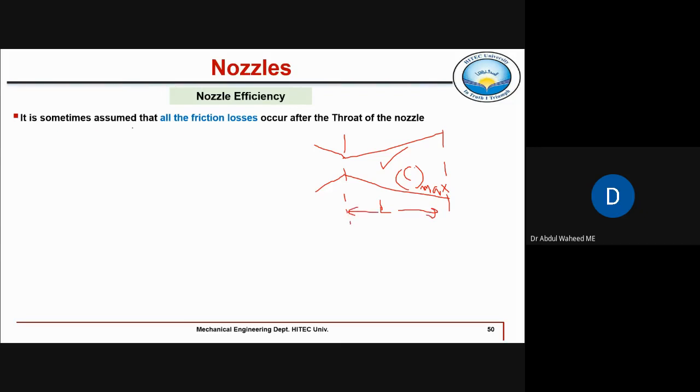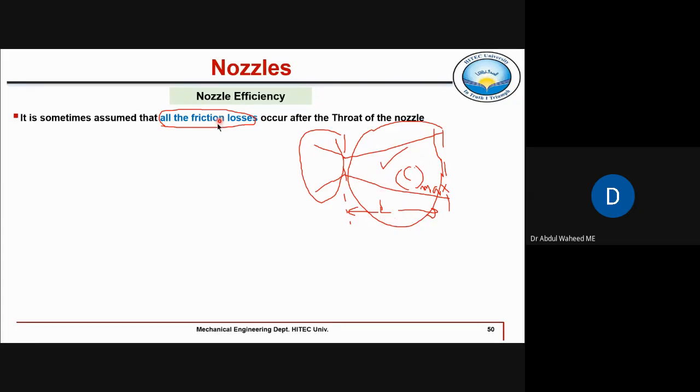That's why it can be assumed that all frictional losses occur after the throat. Okay, so we can neglect the frictional losses in the convergent portion because the frictional losses in the divergent portion will be much larger. Because here in the divergent section the velocity is higher and the length is also larger.